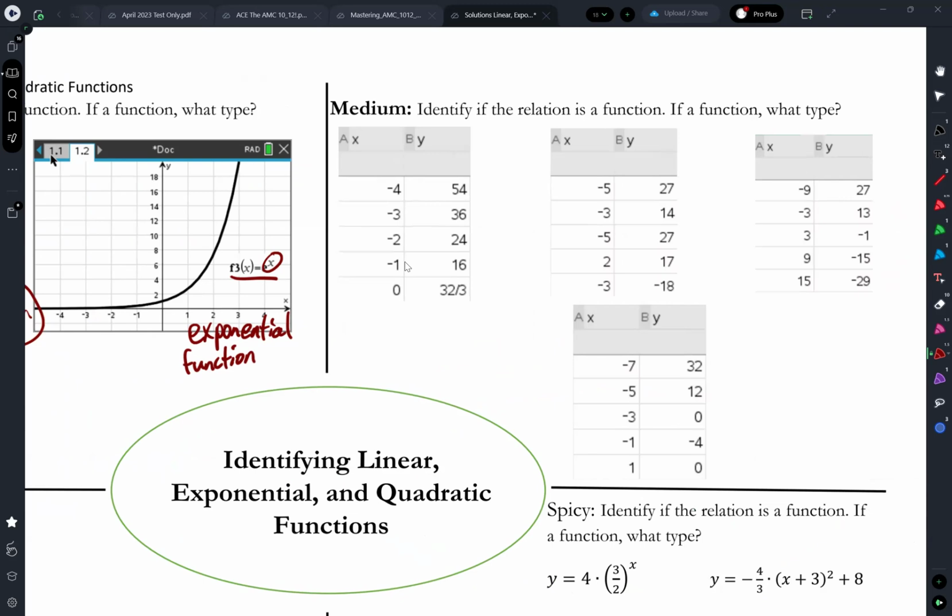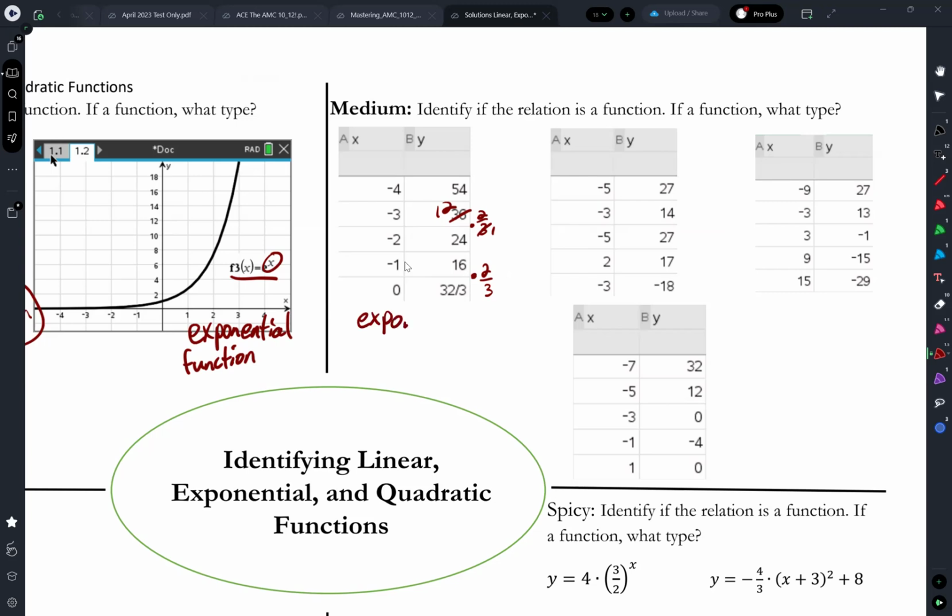I'm not going to, because when I look at this first table, 16 times 2 is 32 divided by 3. And so I'm instantly wondering, is that my constant factor? And so if I do 36 divided by 3, I get 12. 12 times 2 is 24. So my constant factor is 2/3. So this is an exponential.